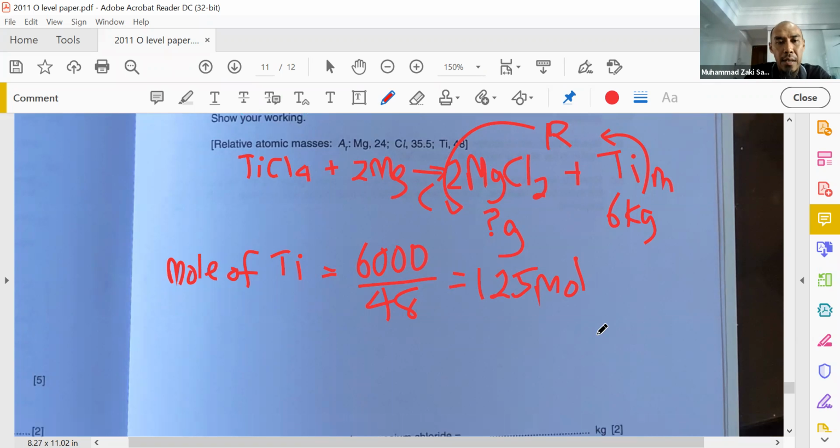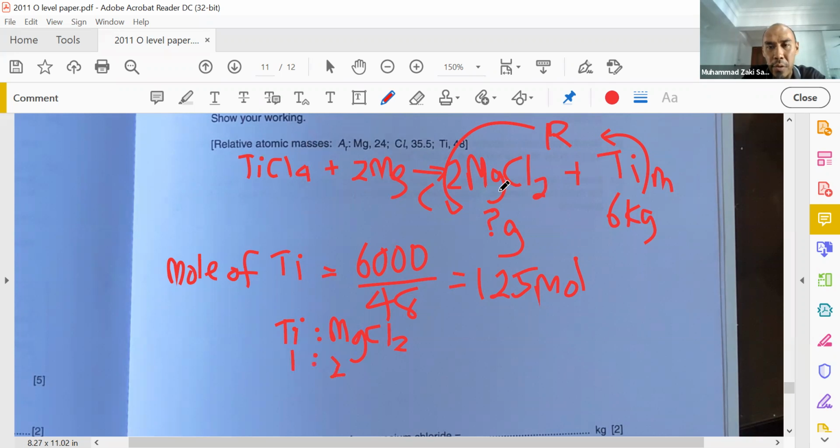Then you need to compare the mole ratio of these two: titanium to magnesium chloride. When you do the mole ratio, you focus on the important substances in the equation and disregard the rest for the time being. So the mole ratio is 1:2.